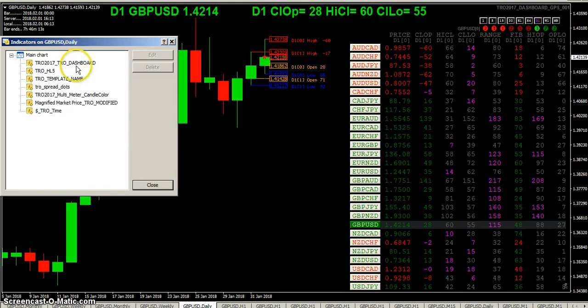And if you don't have the dashboard, you can use the magnified market price indicator that I modified, where it displays this information.